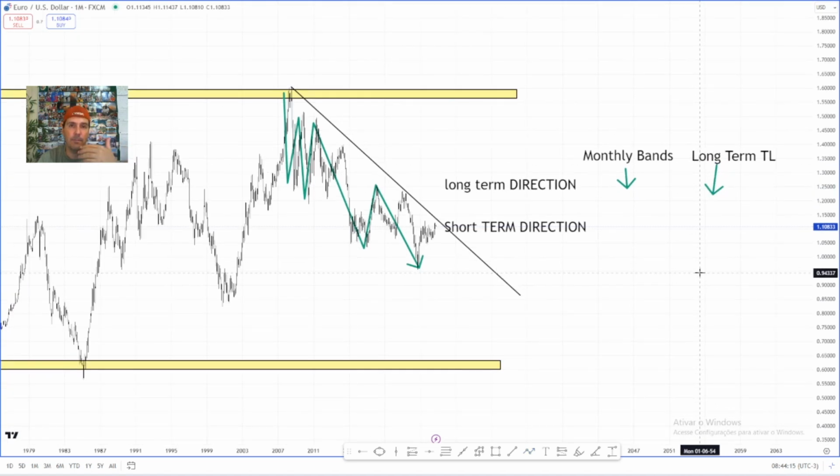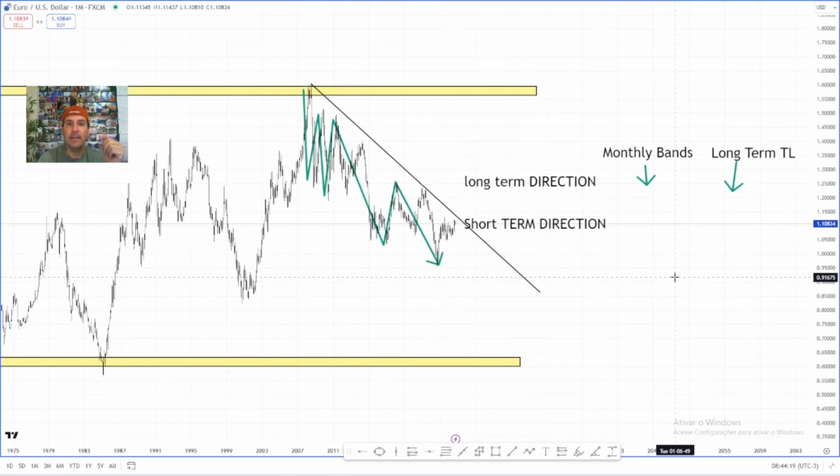Euro dollar long-term short, sell. And lastly, we've learned about the market waves, like extension, retracement, extension. So when the market goes from extension to retracement, then this could be the short-term view.